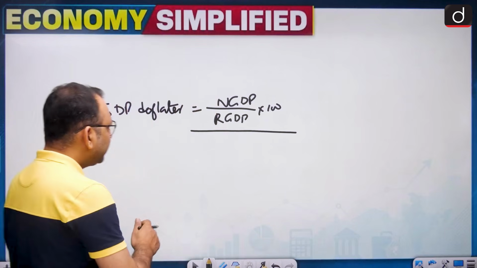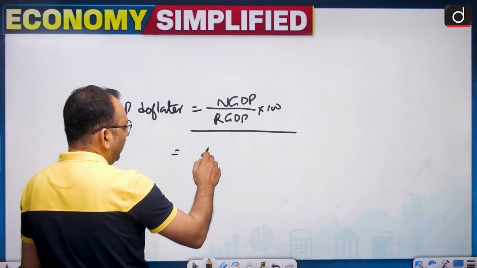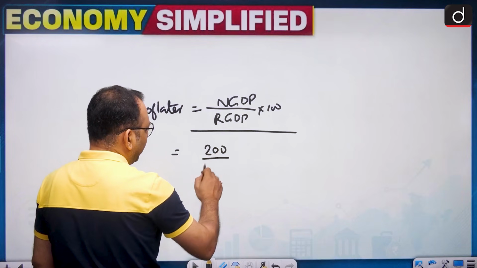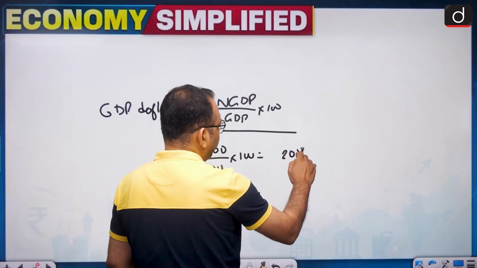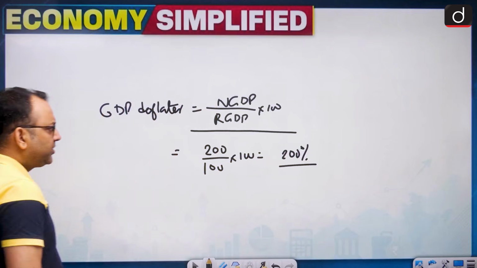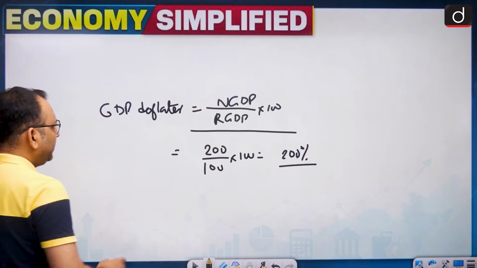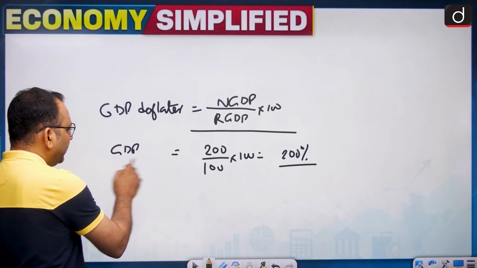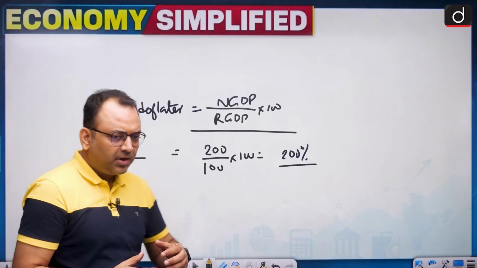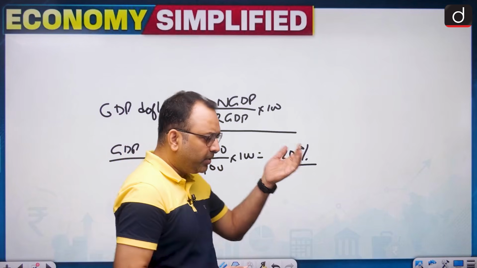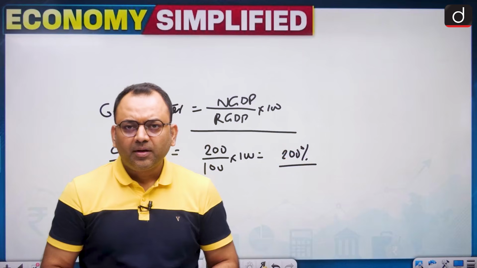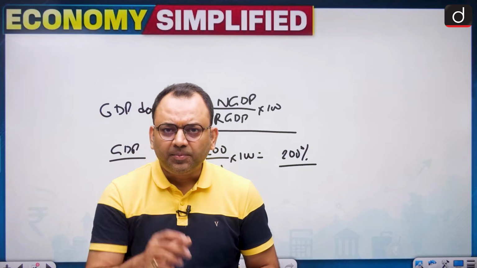In this case, the nominal GDP was 200, real was 100, into 100, so 200 percent. So I would say that the GDP was showing inflated by this ratio and this should be deflated, so that we get the real GDP.